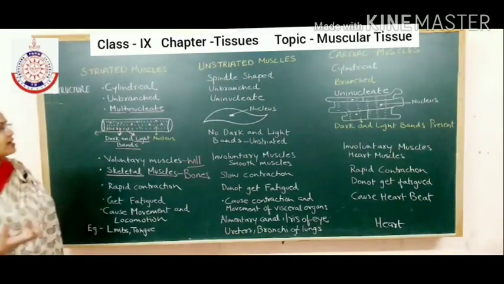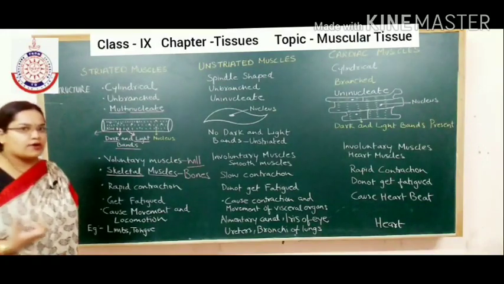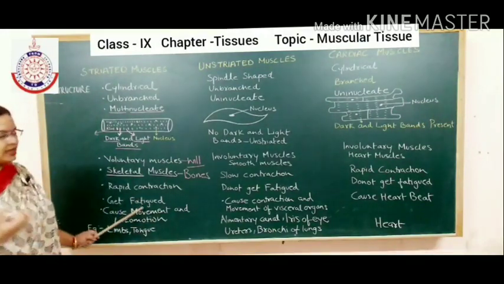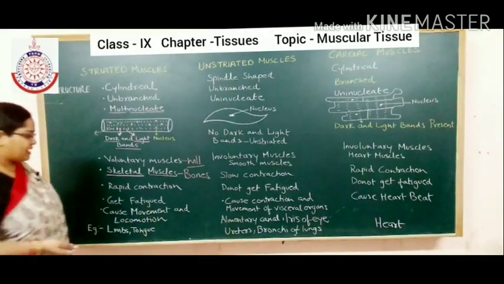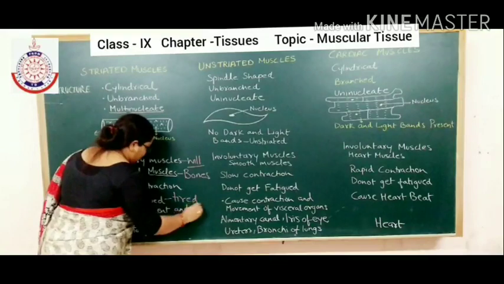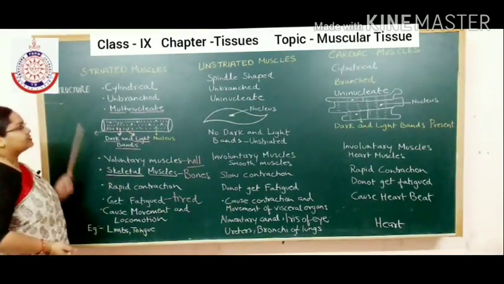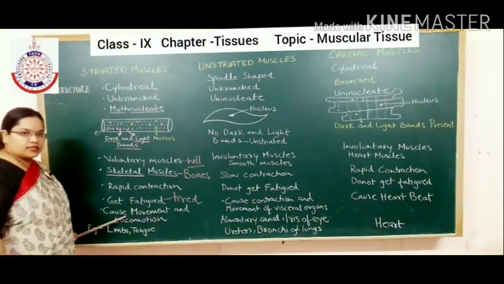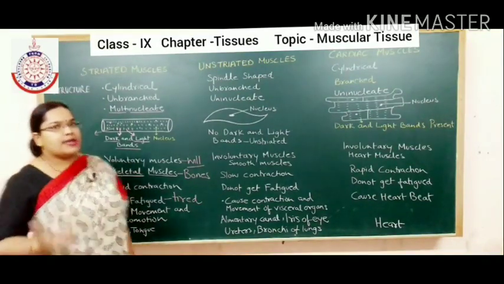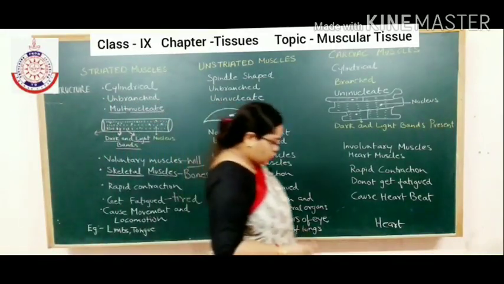Now these striated muscles show rapid contraction. If fast contraction occurs, they undergo fatigue. Fatigue means they get tired very easily. I told you earlier that striated muscles cause movement and locomotion. So which organs help in the locomotion and movement?